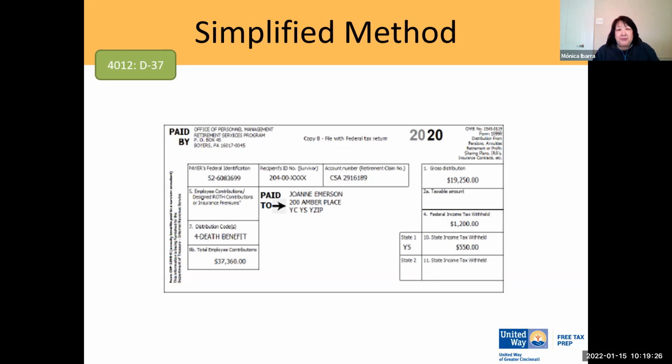TaxSlayer will auto-populate that box 2. As soon as you hit enter for box 1, box 2A will fill in with the box 1 amount. In a lot of cases, that is the correct amount. But in this case, it is not the correct amount. So you will want to make sure that you're attentive and that you realize that this is a case where you will have to go in and calculate how much of the distribution amount is taxable.